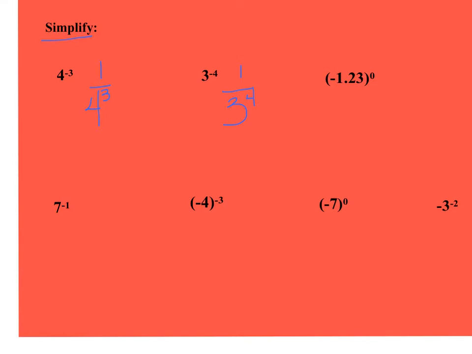And then negative 1.23 to the power of 0, that's just 1, because again, any non-zero number to the power of 0 equals 1. Why don't you go ahead and try the next 4 examples, hit pause, try them on your own, and see if what you get for your answer matches what I get.